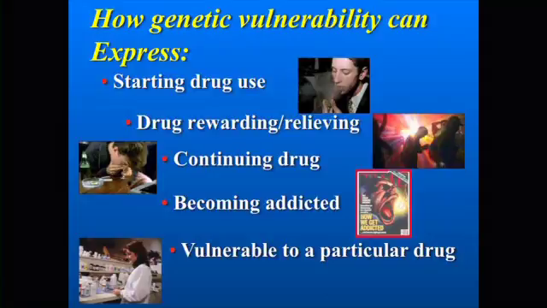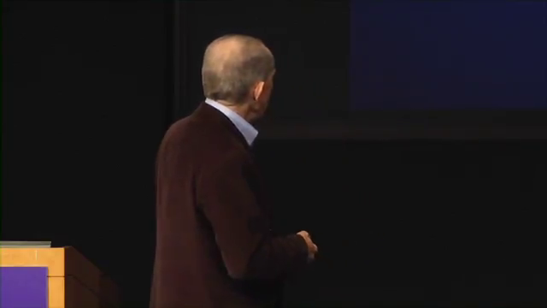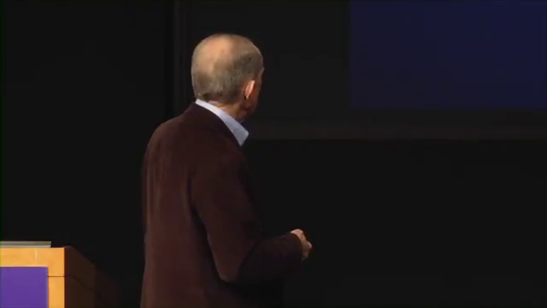For someone who has a polymorphism that affects proteins associated with drug reward, if it made a drug more rewarding to an individual, they would be more inclined to use it over and over and over again and become addicted to that drug. Another functional association is the reward or the relieving piece.